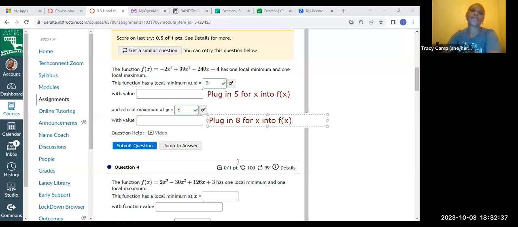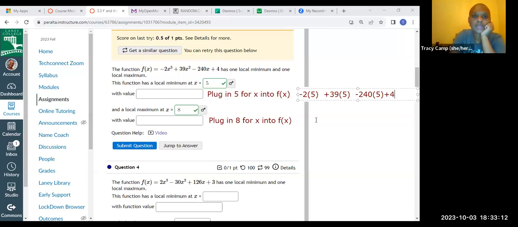Here's what I'm going to do. I'm going to use the calculator. So plugging in 5, I will get -2 times 5 cubed plus 39 times 5 squared minus 240 times 5 plus 4.